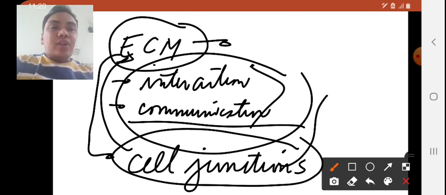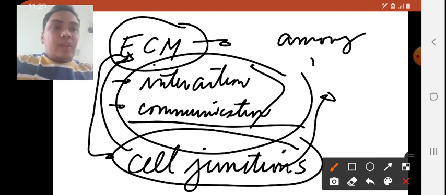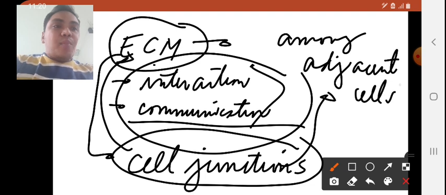However, cell junctions are cellular structures used for cellular communication and interaction, but they exist among adjacent cells, meaning neighboring cells.